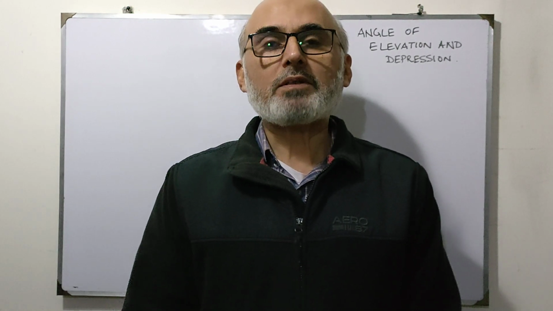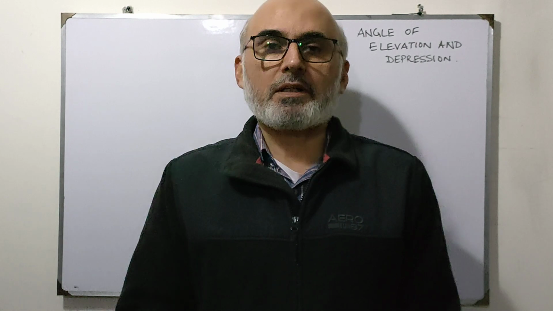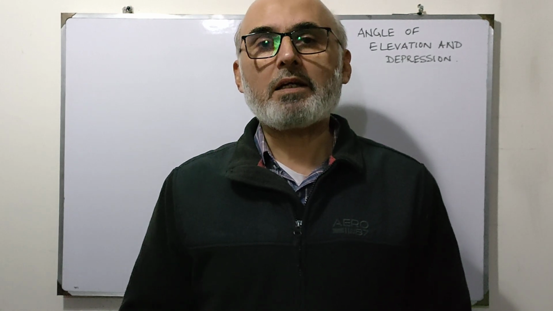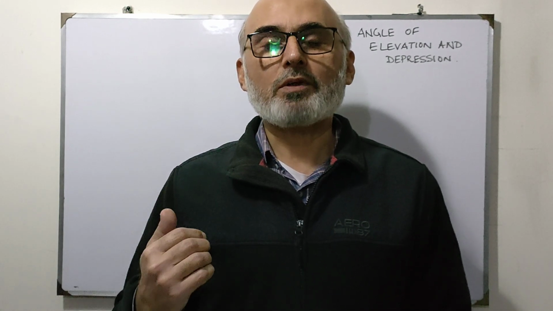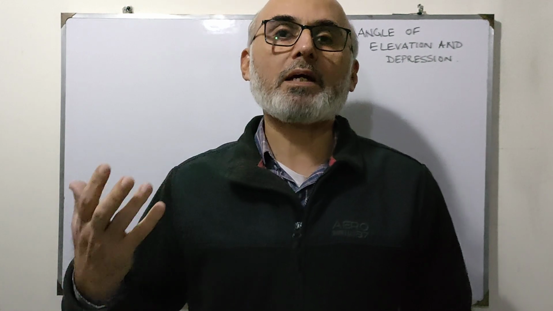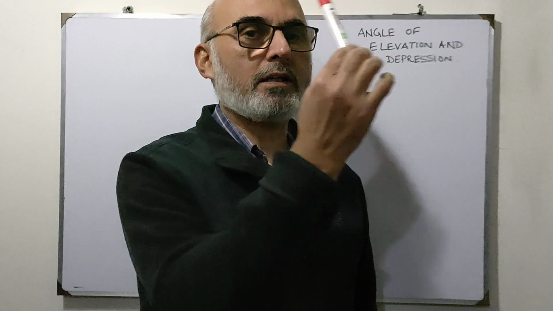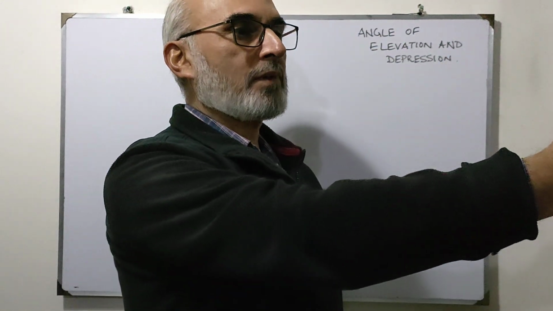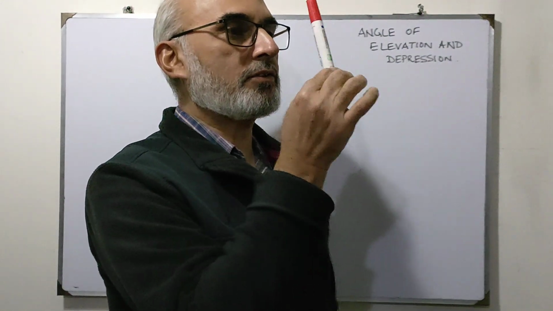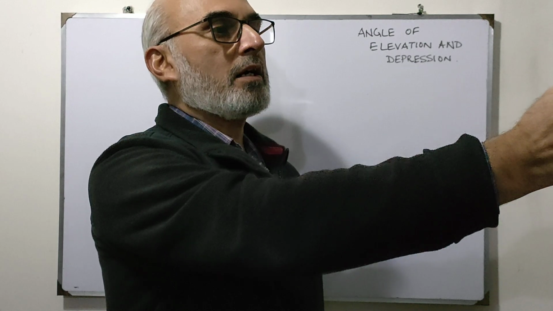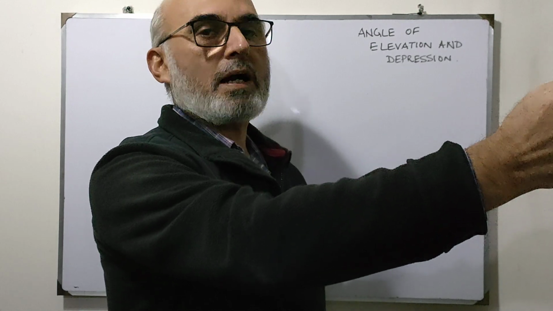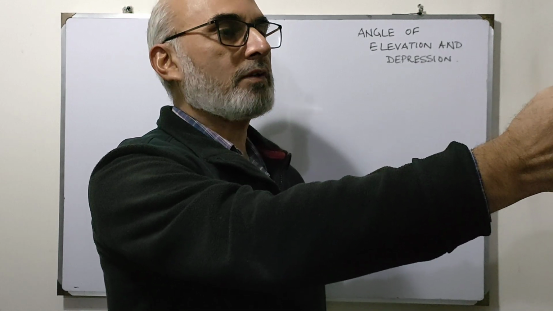To understand these two angles, the first thing is to understand how we are going to conceptualize them. If I am looking straight, at the same height as my eyes, this is my line of sight.